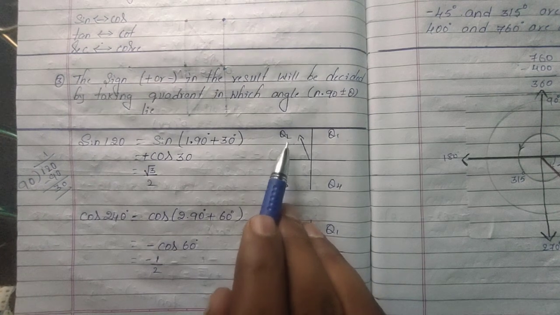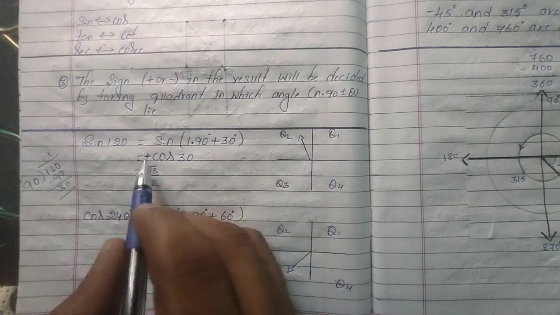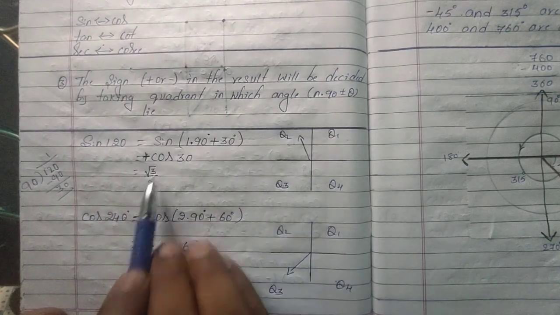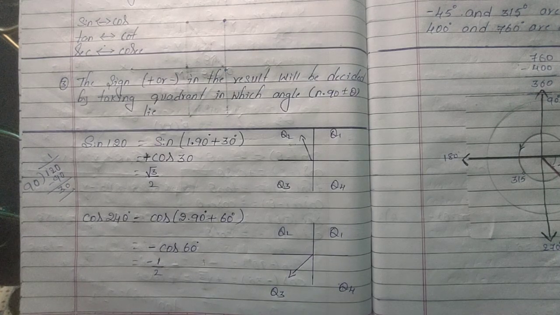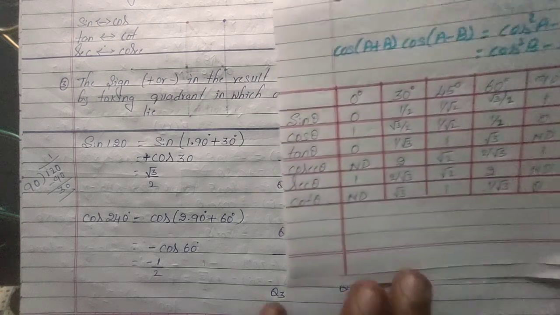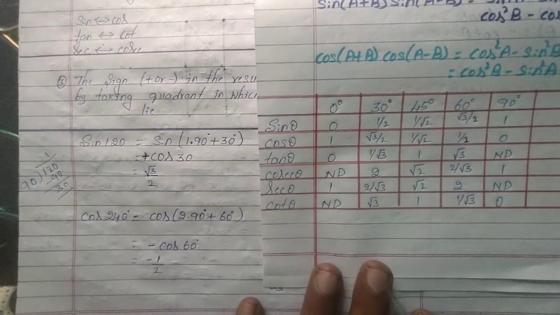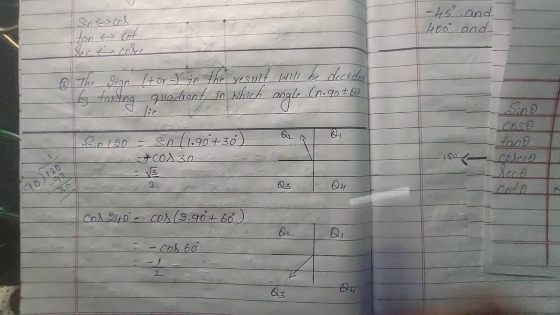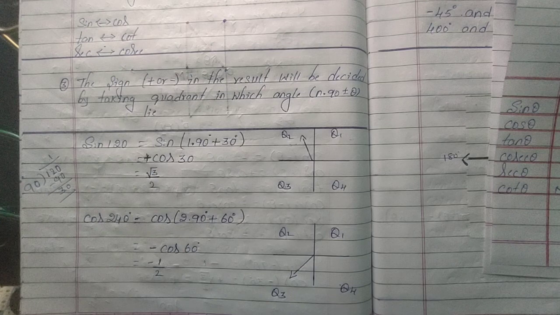Second quadrant sine is positive. So your answer also positive. So cos 30 degree is nothing but root 3 by 2. What is cos 30? Cos 30 degree is root 3 by 2. Therefore sin 120 is root 3 by 2.